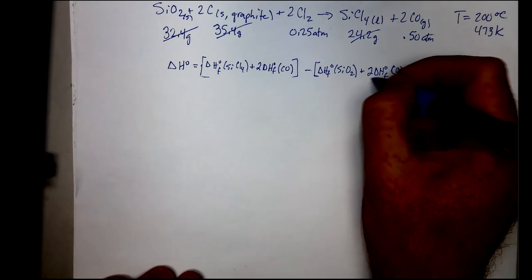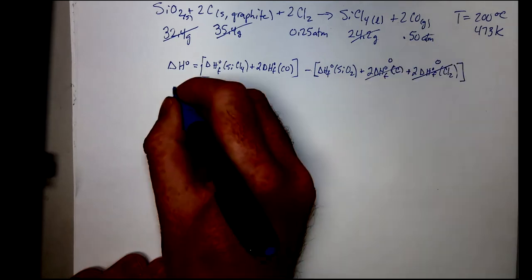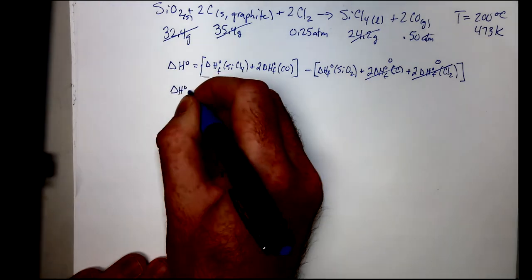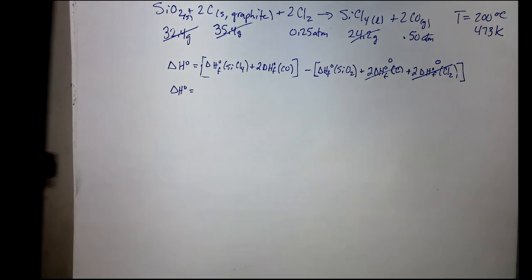So that will end up becoming 0, but it won't when we calculate the entropy. So the delta H for this particular reaction is going to be the silicon tetrachloride.